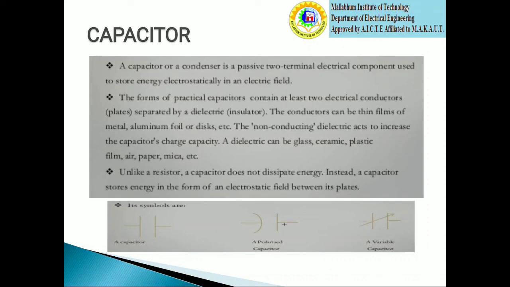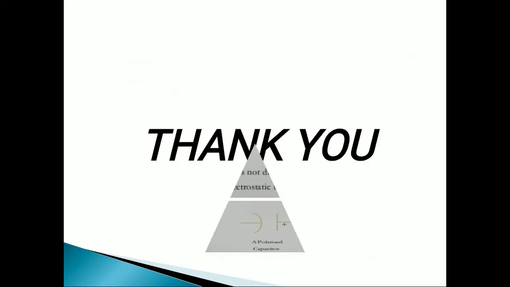Initially it behaves like a short circuit, and finally it behaves like an open circuit. A capacitor may be polarized or non-polarized type, and different symbols are shown below. Thank you.